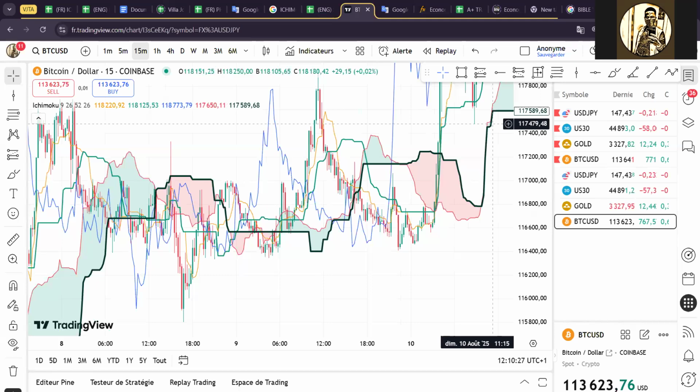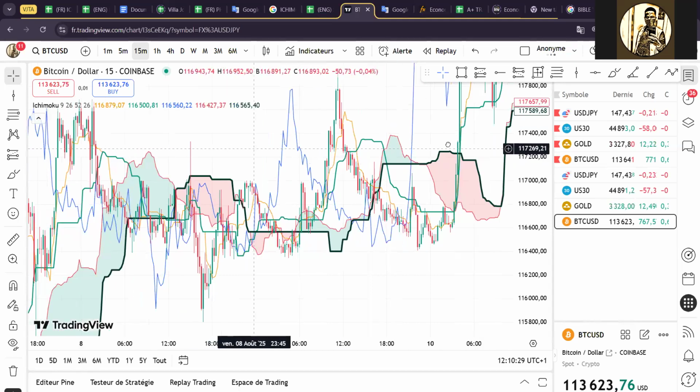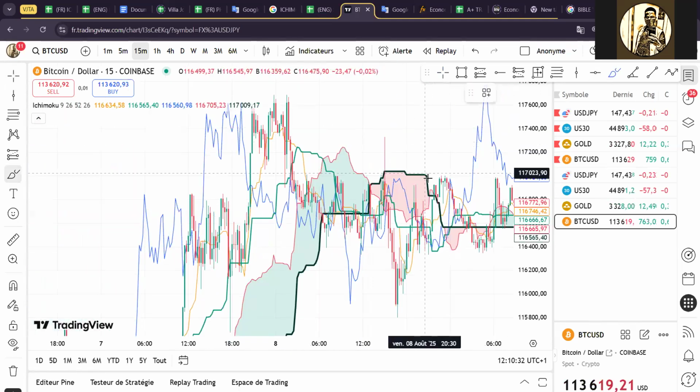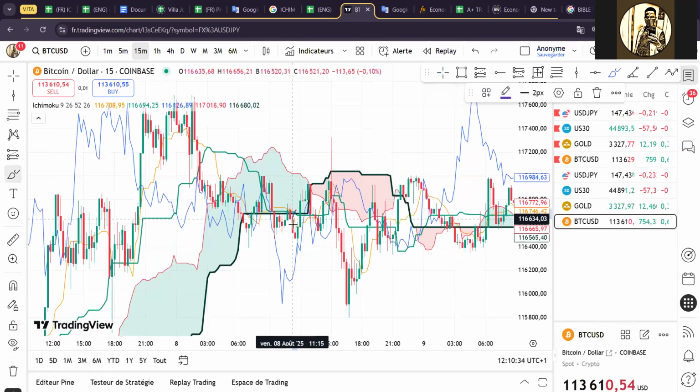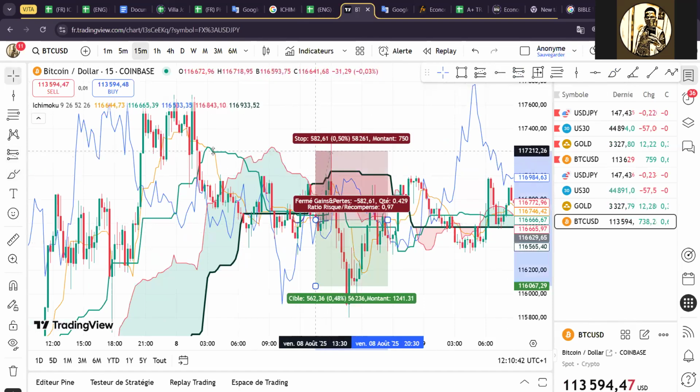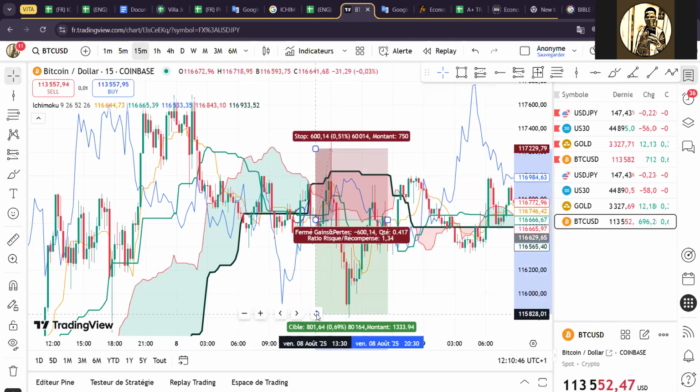You also have this example just at this point. This one is a TK cross, a KSB, right? On this KSB, you could have sold just then. If you place your stop loss on the TK cross on the left, you could have been exited by maybe an economic news.